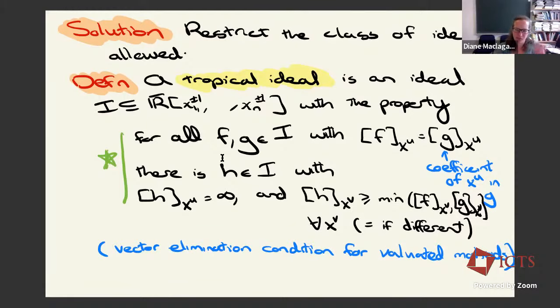So maybe rewrite this. I want to put in a side remark here that this is secretly the vector elimination condition for valuated matroids. One of the themes of tropical geometry is that whenever you have a linear space, a subspace of a vector space, when you tropicalize, you should get something that comes from matroids, or more generally valuated matroids.